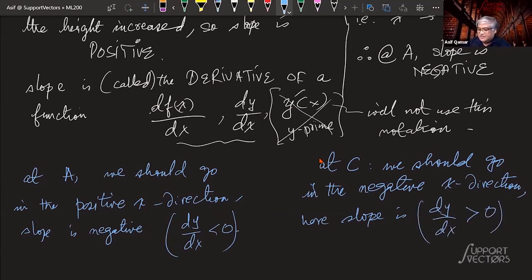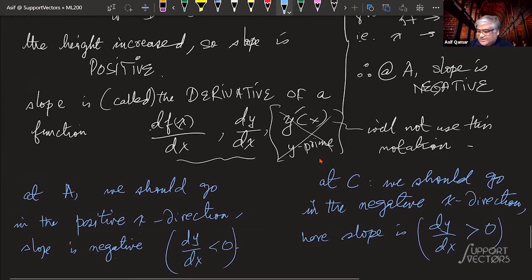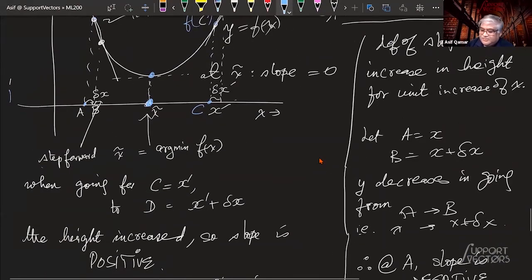So do you notice something very interesting? If the slope is positive, we want to go in the negative direction. If the slope is negative, we want to go in the positive direction. Isn't it? And if the slope is 0, we want to just stay put. If we reach this point where the slope is 0, do we want to go anywhere?